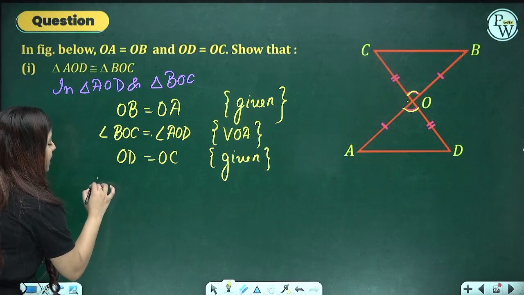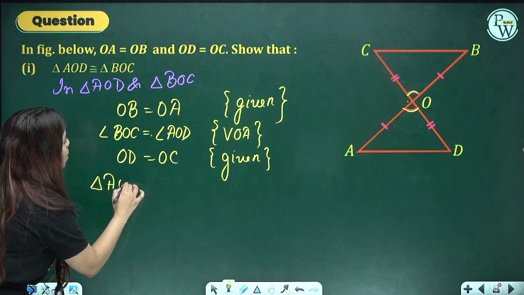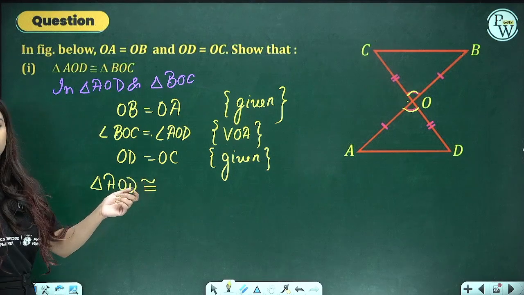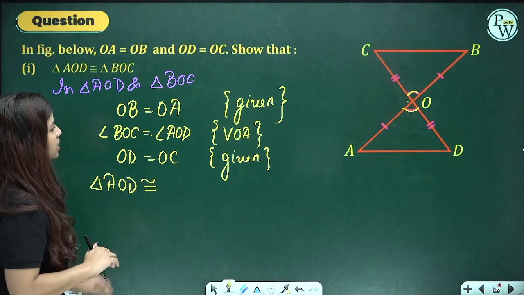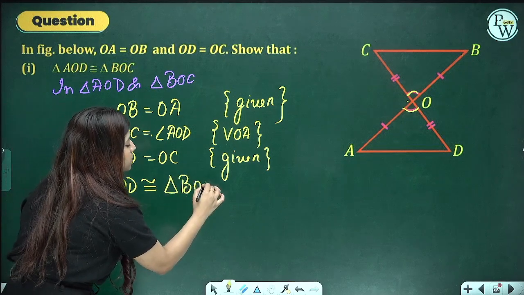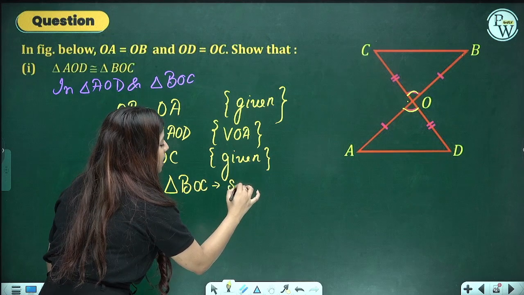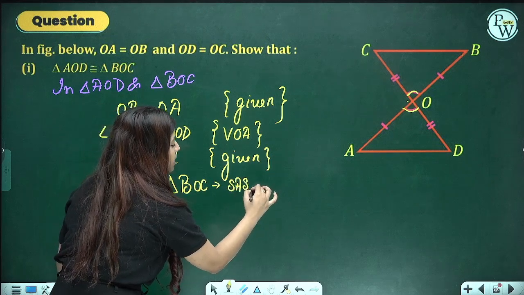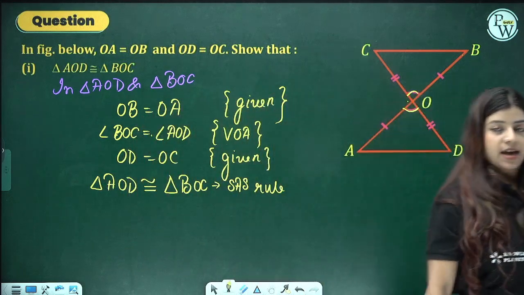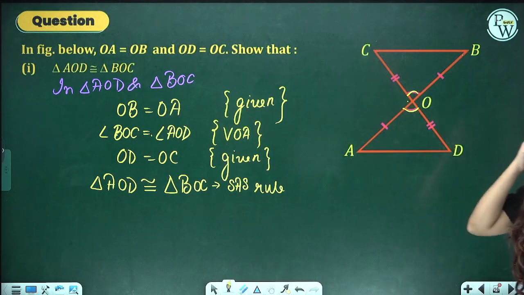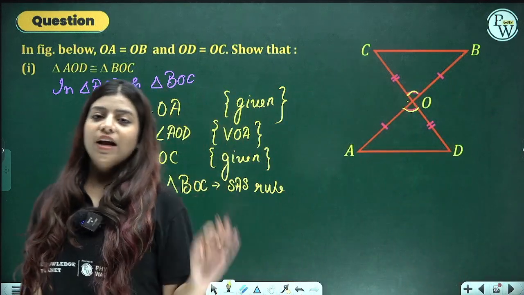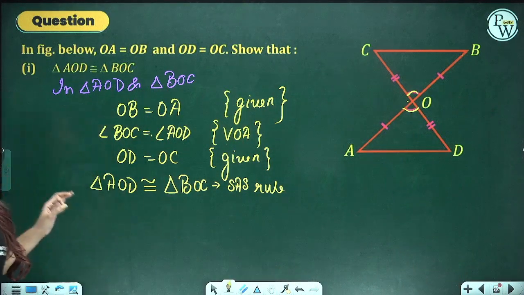So we can say that triangle AOD, students, and this is the sign of congruency, equal to with a wave above it, is congruent to triangle BOC by SAS criteria, or we can say by SAS rule. So these two triangles will be congruent to each other by SAS congruency.